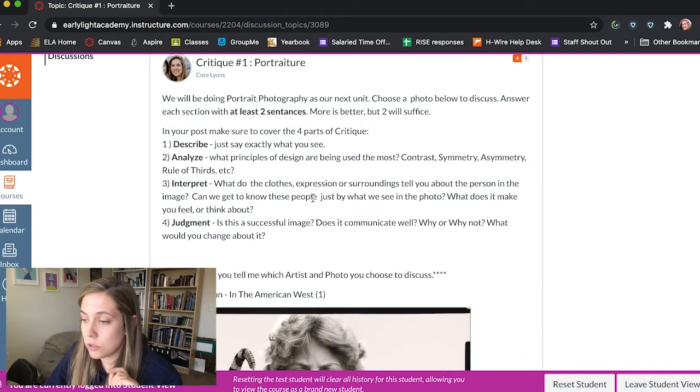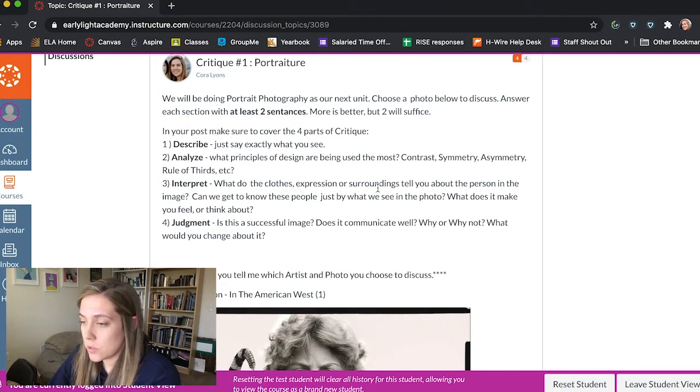And then you interpret. So you're trying to determine what the meaning is, if it has a special meaning, or you're interpreting what's going on, maybe the action or the emotion that's in the photo. So, for example, on the portraiture one specifically, we're looking at what do the clothes or expression or the surroundings or props tell you about the person in the image.